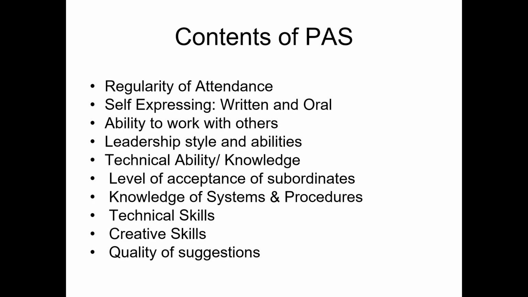He should also be able to take suggestions from the people. As we are humans, no one is perfect. We are learning day by day, and we need to take good quality suggestions from the people. So these are all the contents of the performance appraisal.